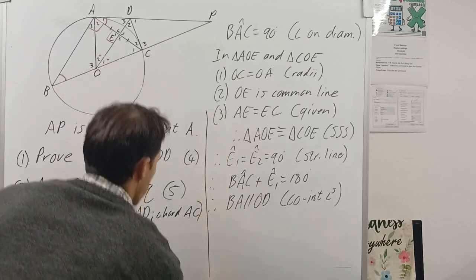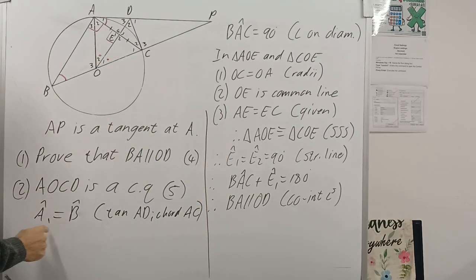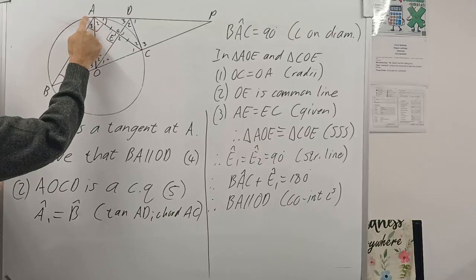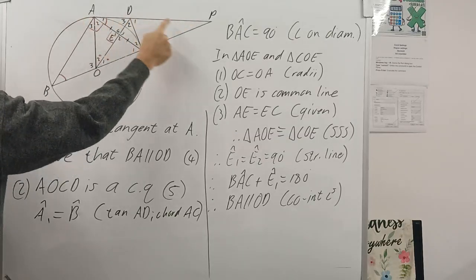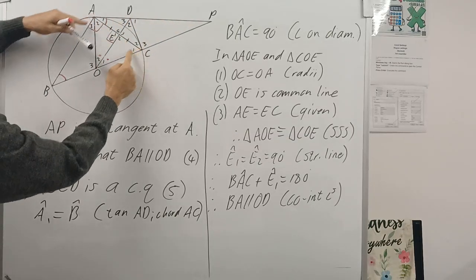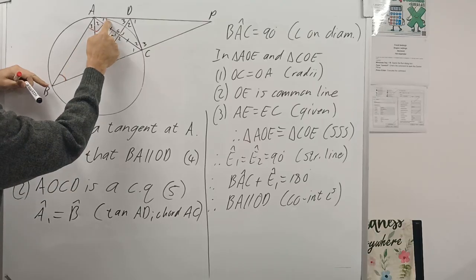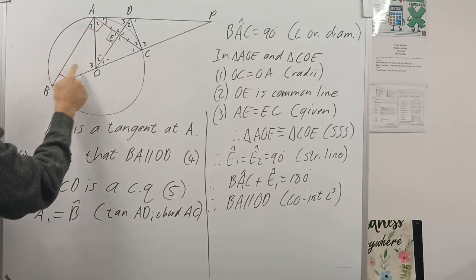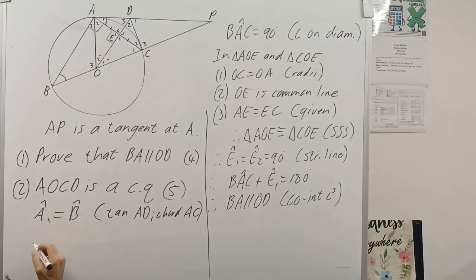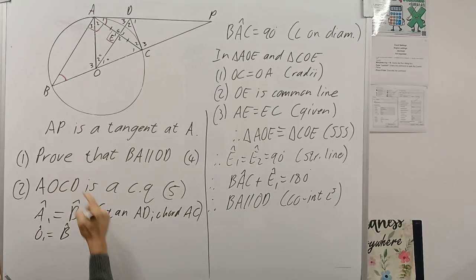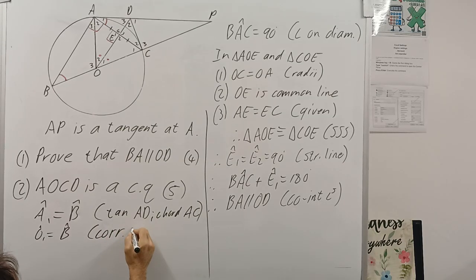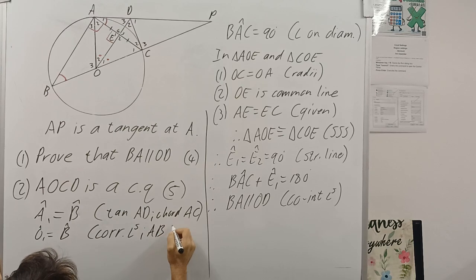Let me just draw a line there. So we can say that this A1 is equal to B. There's the tangent AD, or you can call it AP, and then there's the chord AC that goes this way. So this one is equal to this one. But we can also say that O1 is equal to B because they're corresponding angles, because we showed that AB is parallel to OD.